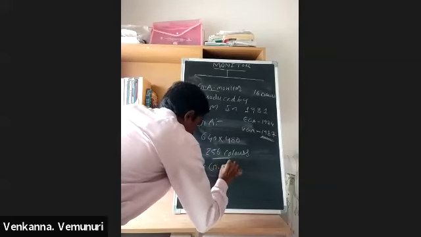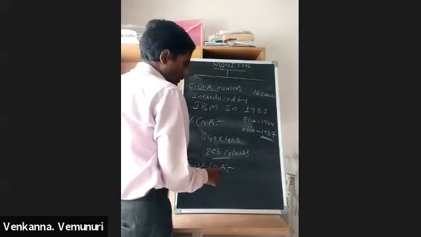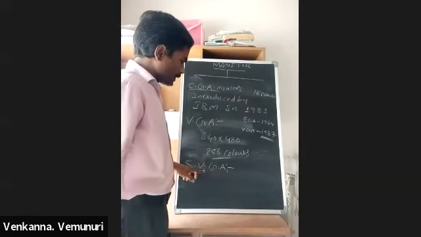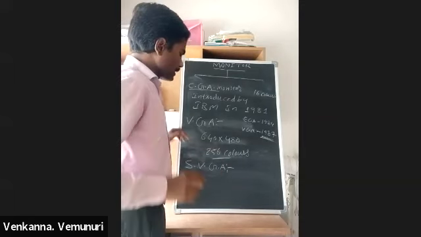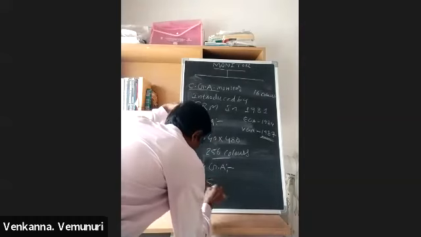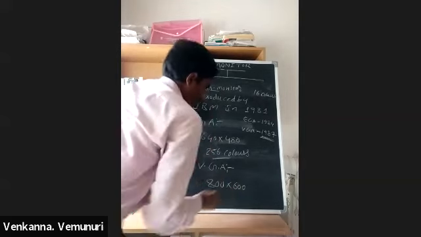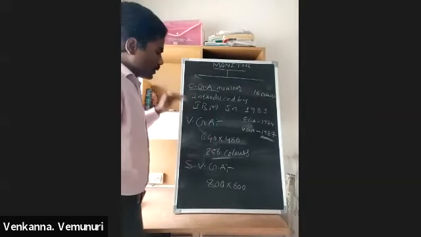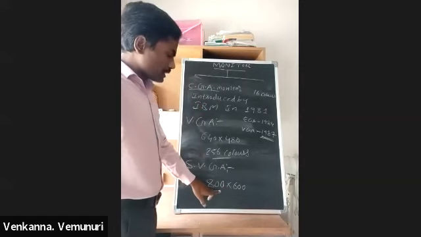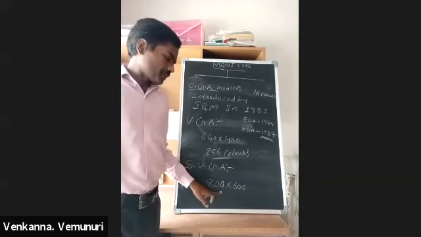SVGA means super video graphics array, and this monitor resolution is 800 by 600. So compared to all of these, this SVGA monitor resolution is very high, meaning the picture quality is very high.